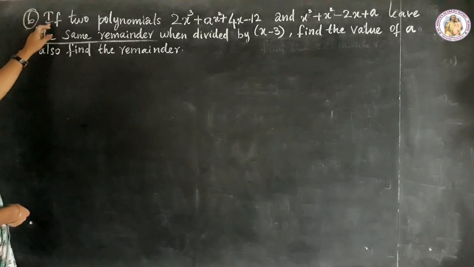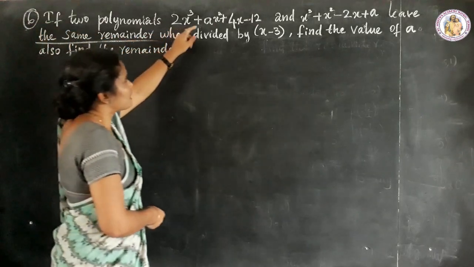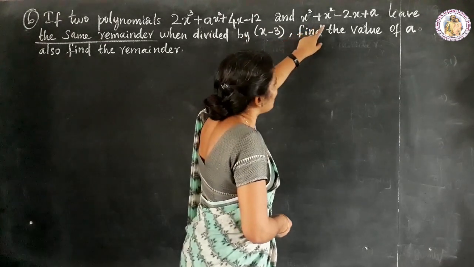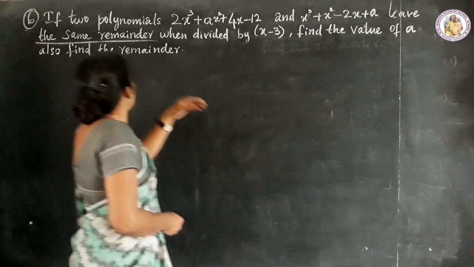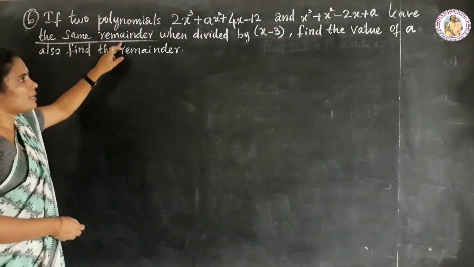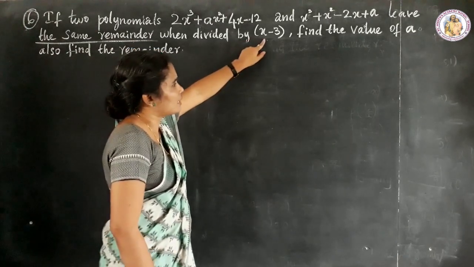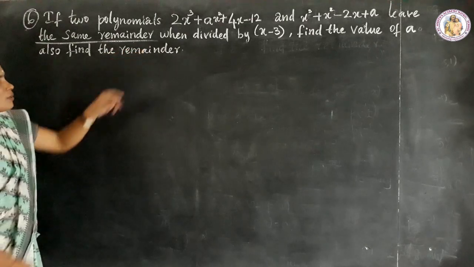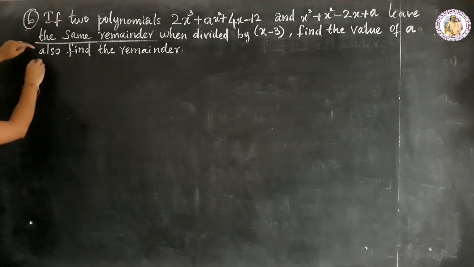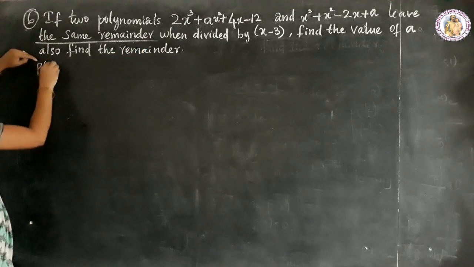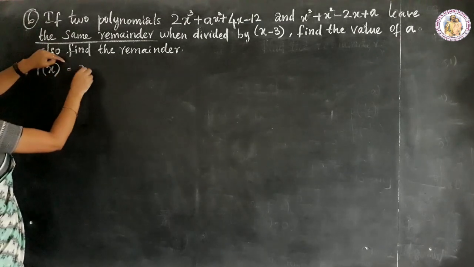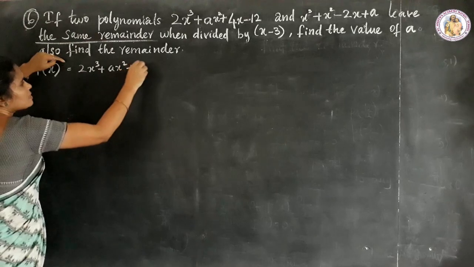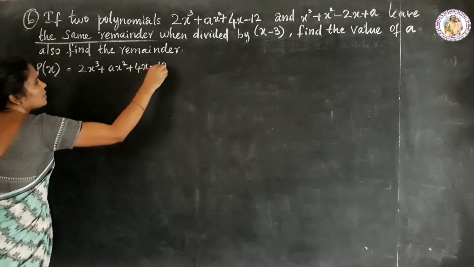Question number 6. If two polynomials 2x cube plus ax square plus 4x minus 12 and x cube plus x square minus 2x plus a leave the same remainder when divided by x minus 3, find the value of a, also find the remainder. Okay, now taking P of x is equal to 2x cube plus ax square plus 4x minus 12.